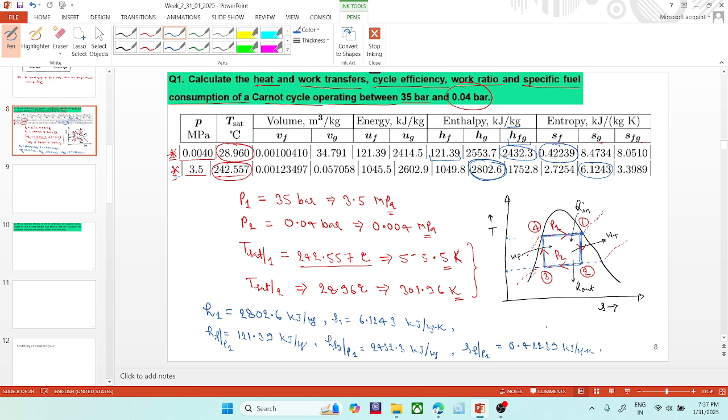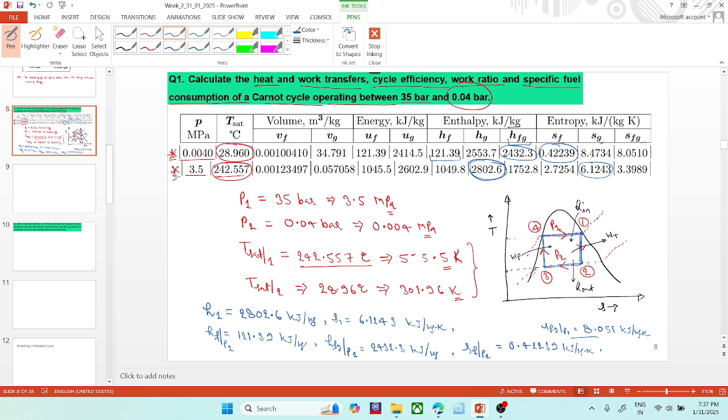And Sfg at P2 is 8.051 kilojoule per kg Kelvin. Okay, so these are the values I got.